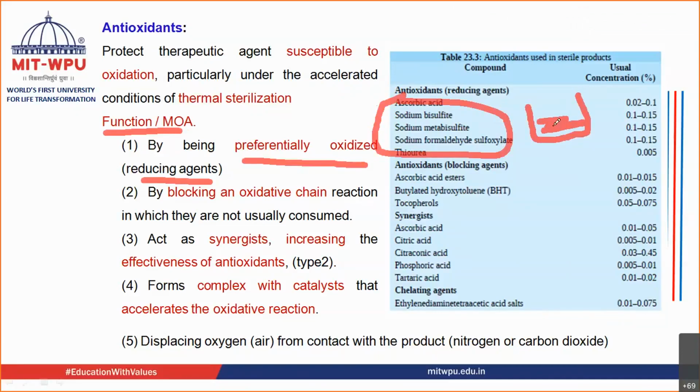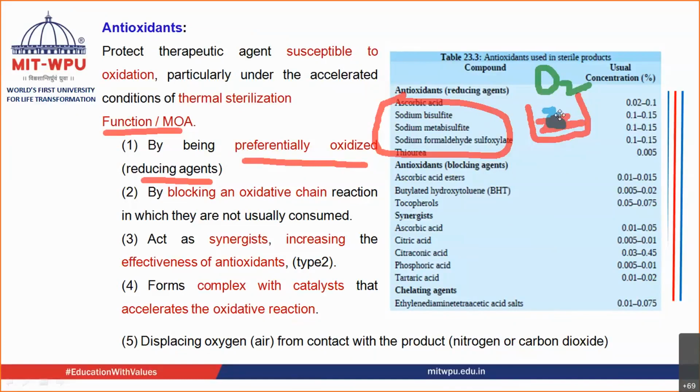So you have the formula, and inside the formula you have these antioxidants present. Whenever oxygen, O2, comes in contact with the formulation, these antioxidants first react with this oxygen because they undergo preferential oxidation.